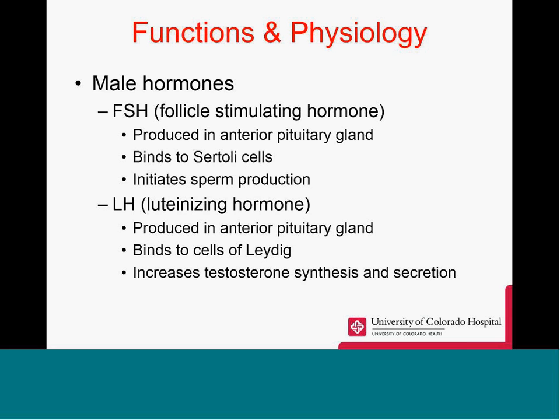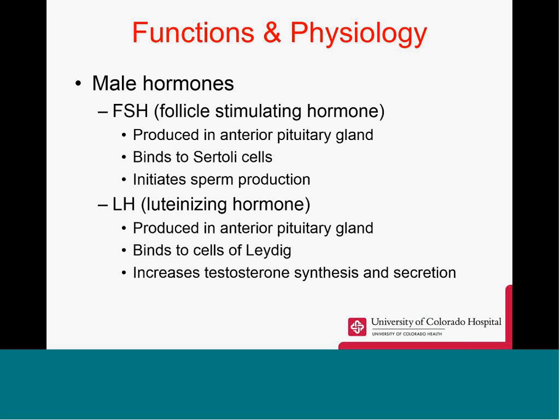Two gonadotropins are secreted from the adenohypophysis, FSH and LH, and although named for their functions in females, they also have important functions in males. The FSH binds primarily to the Sertoli cells in the seminiferous tubules and promotes spermatogenesis.